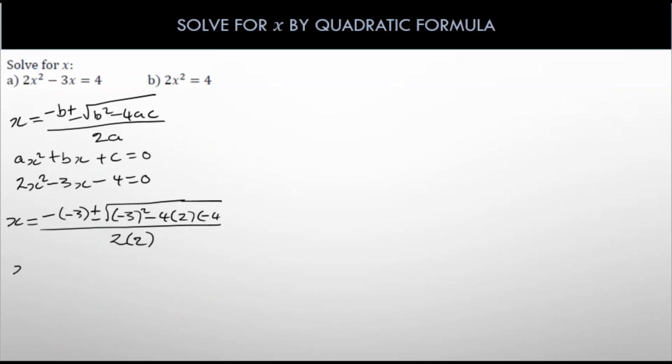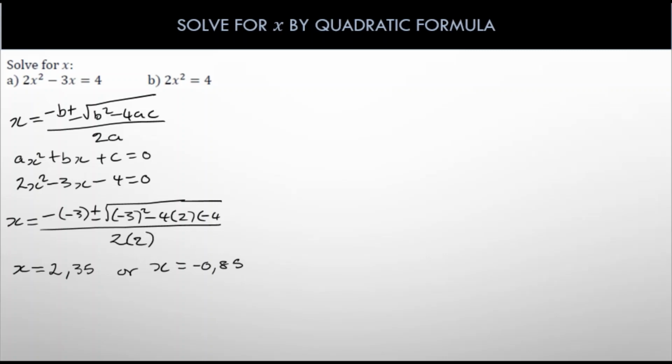So if you substitute correctly in your calculator, you'll find that x is equal to 2,35, or x is equal to negative 0,85. So very simple there. We don't spend time with grouping or trying to find product factors. We just substitute into our calculator.